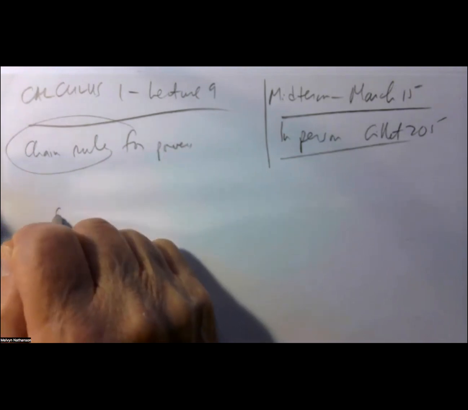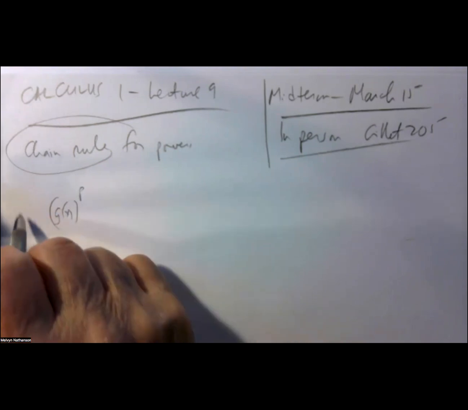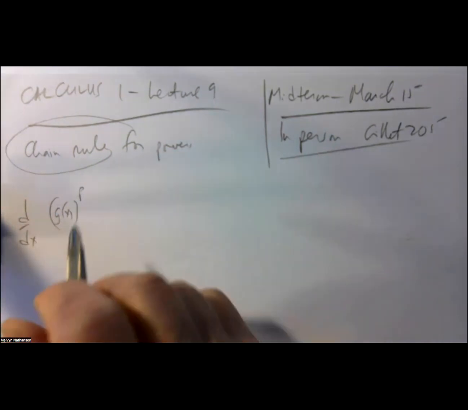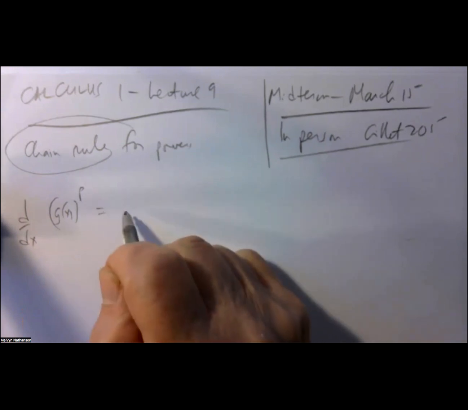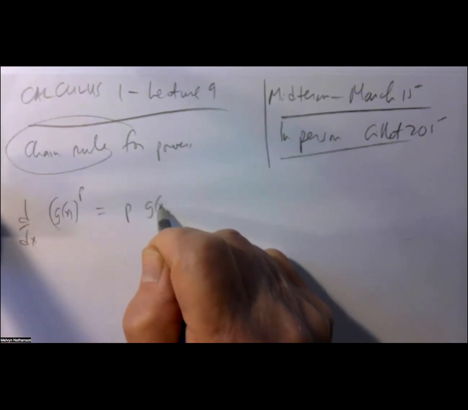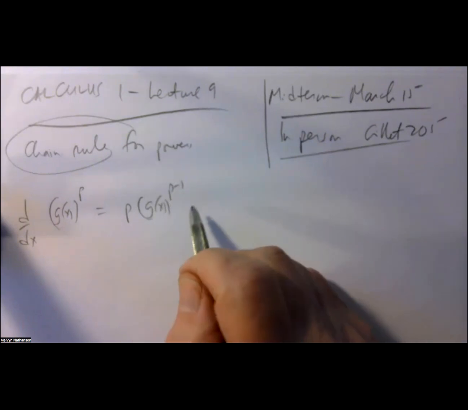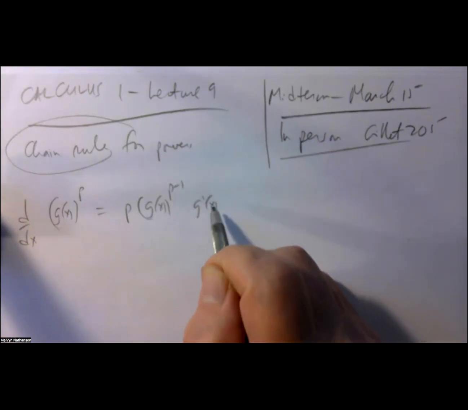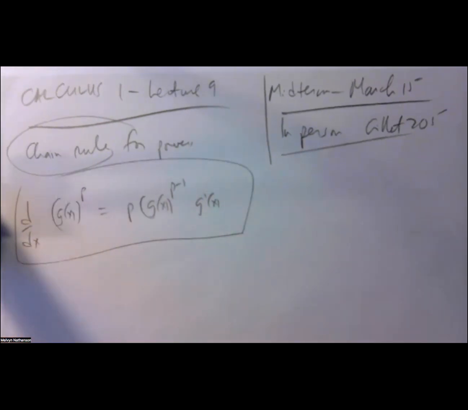If we have a function g of x, and we raise that function to the pth power, and we take the derivative of the pth power of g of x, by the chain rule, this is p times g of x to the p minus first power times the derivative of g. So this is the power rule that we use a lot.